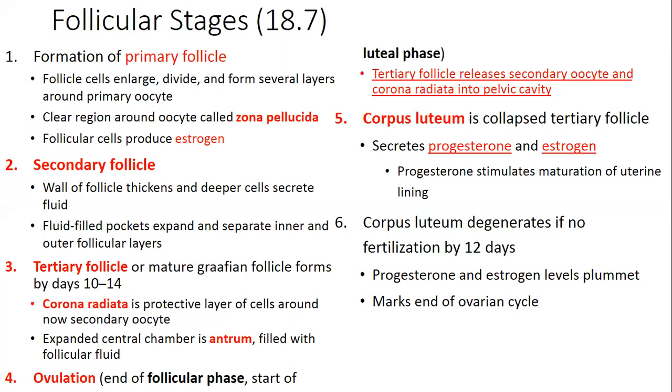A complex forms to start to produce a baby, and if it doesn't form because fertilization doesn't occur, then there's no signal being sent to the corpus luteum to stay healthy. And if the corpus luteum doesn't stay healthy, it will stop producing as much estrogen and progesterone, and the uterine lining won't be maintained. That marks the end of the ovarian cycle, in that those hormone levels go down and the corpus luteum degenerates. And basically that initiates a menstrual period.